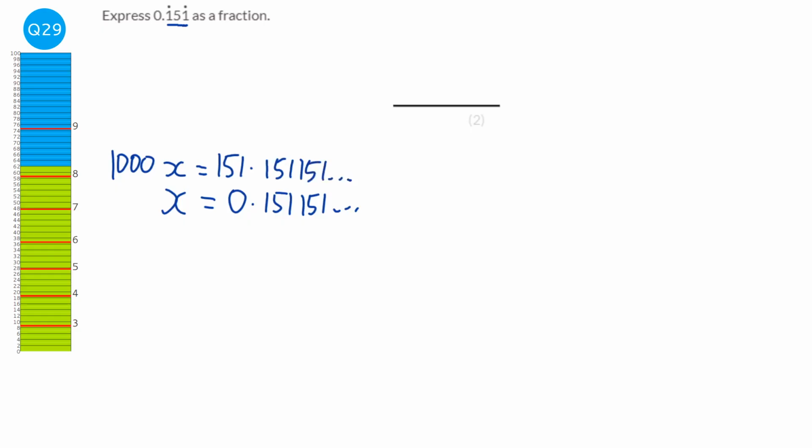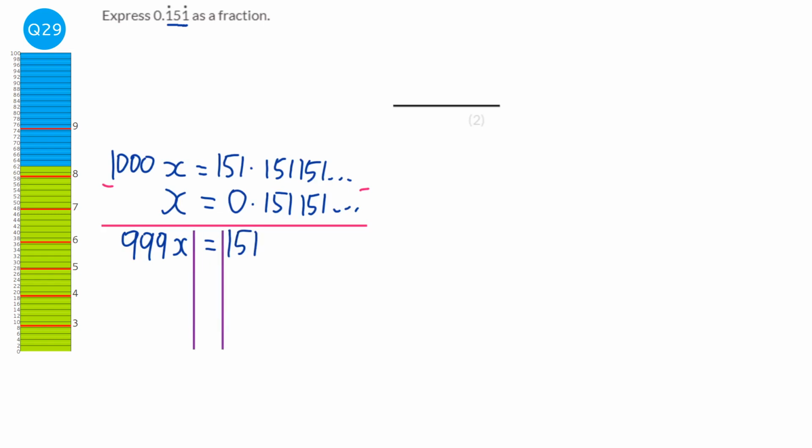151.151.151, blah blah blah. What we're going to do now is we're going to subtract going downwards. So 1000x take away x would be 999x, and then 151.151.151, etc. take away 0.151.151, etc. will just be 151.